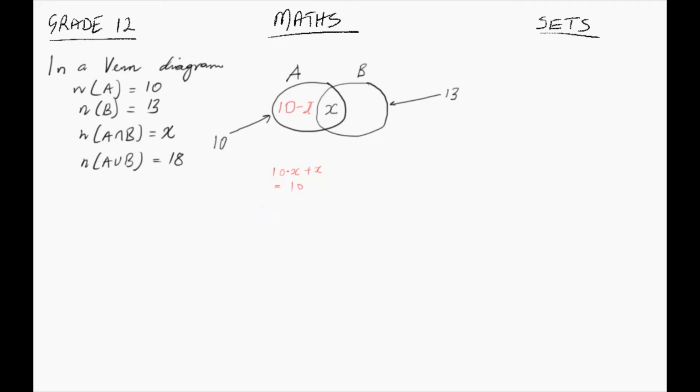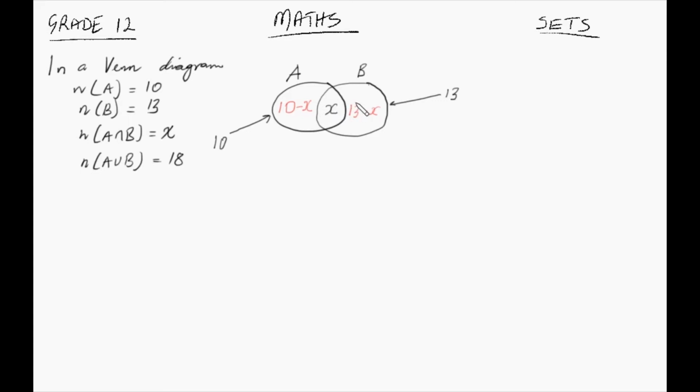Now, let me go back to where we were. We were saying we have 10 minus x here. What about here? Here we are going to have 13 minus x, because x plus 13 minus x is 13.